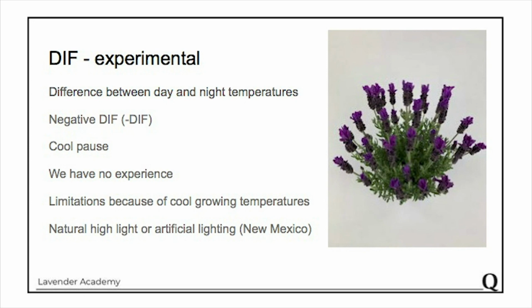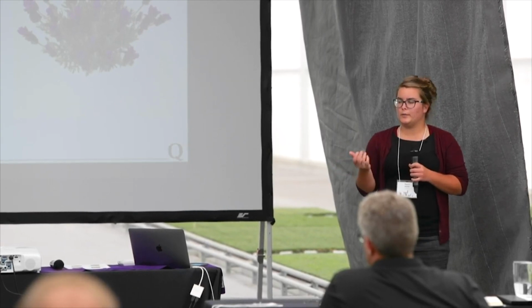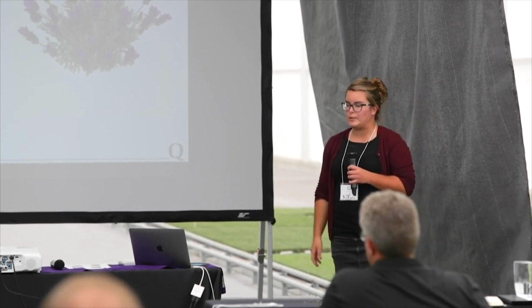Diff is the difference between day and night temperatures. A lot of annual growers especially will know that negative diff is when you grow when your climates are cooler, warmer in the evening, warmer overnight and cooler during the day. And cool pause is a variation of that where you shock the plants early in the morning before dawn for a couple of hours by opening the vents.